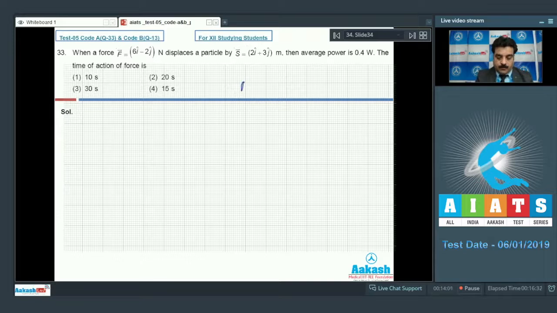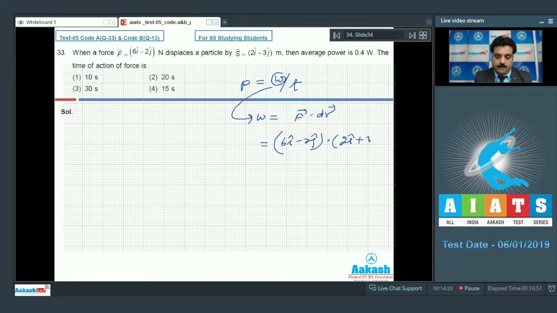You know the formula of power is work upon time. So first I need the work, and you can calculate work by using F dot dr. You have the value of force 6i minus 2j, and the displacement is 2i plus 3j. So when you calculate, you will get 6 joule. Now I have the value of work done.